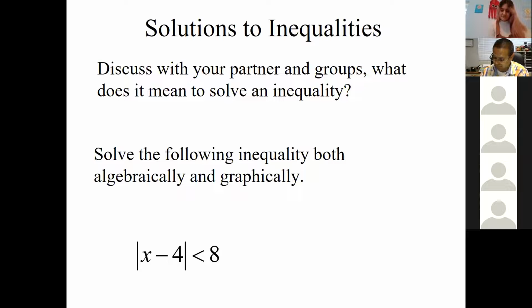And because it's x element of, x is any number between -4 and 12, but not including them. So you'd use parentheses. Okay. And did you try graphing it? On a number line, you would do both open circles, and it would be a line segment from -4 to 12, and anything inside that is x. Okay.